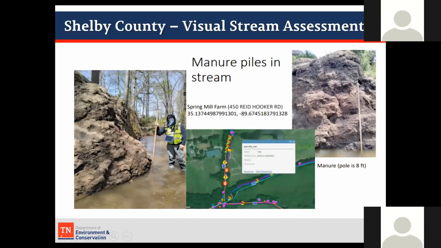And so they felt that the visual assessment that they were doing of the streams found the problem fairly quickly, and were able to address that. And they felt, again, that not just this one instance, but that there were multiple instances where doing these visual stream assessments helped them find these sources.